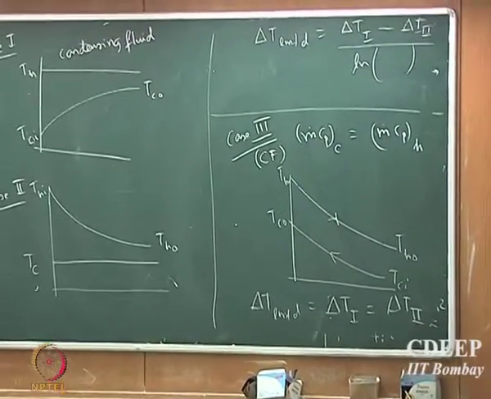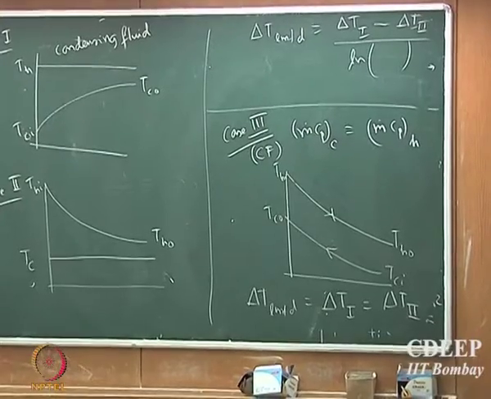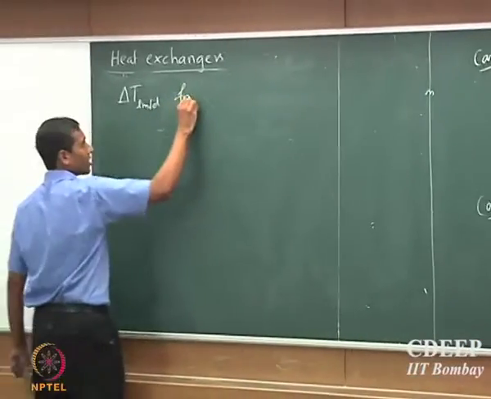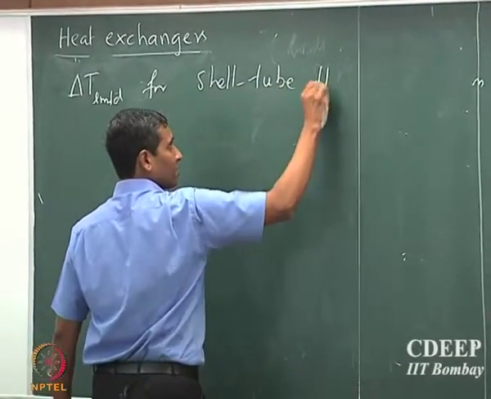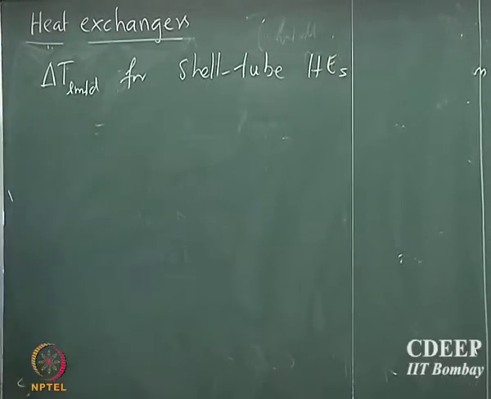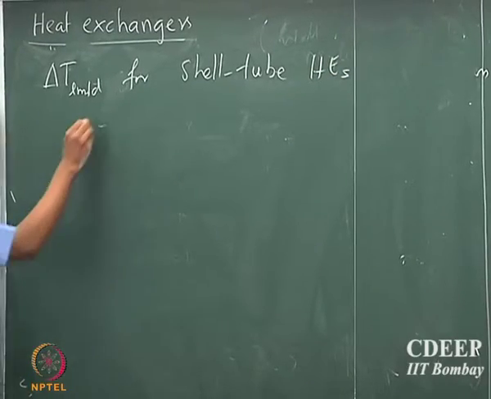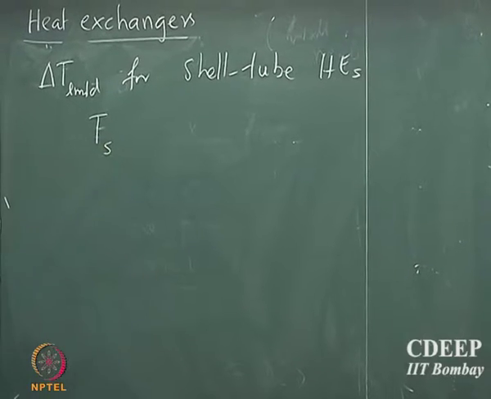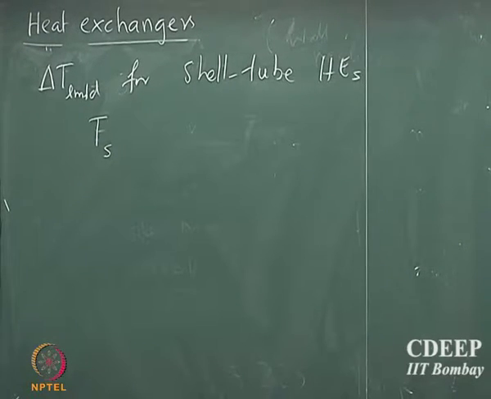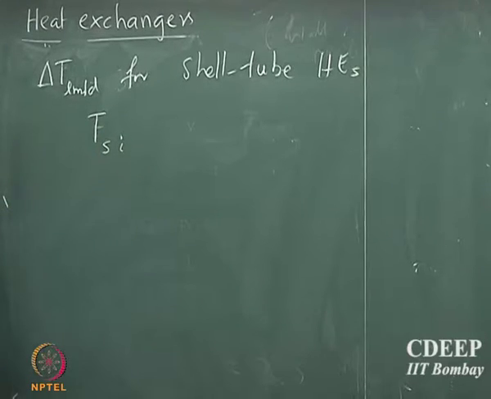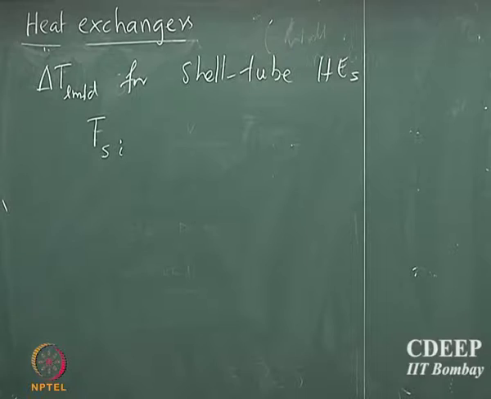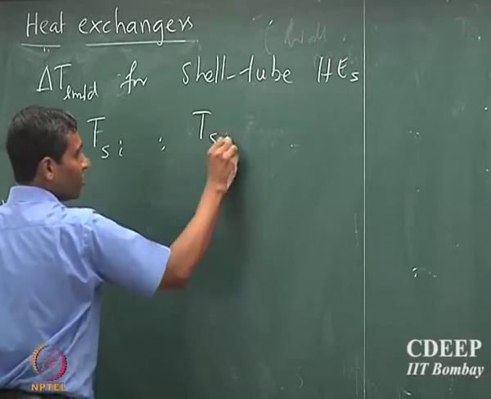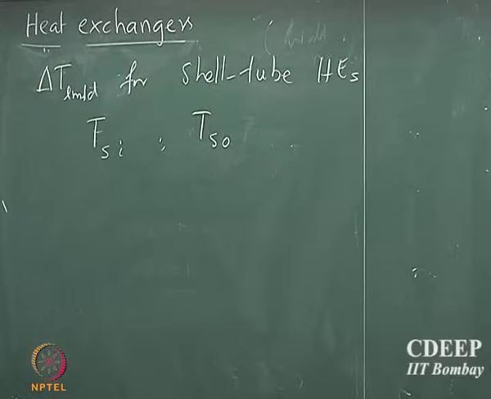Next we are going to look at the delta T LMTD for a shell and tube heat exchanger. Here the nomenclature I will use is: S stands for temperature on the shell side, TSI stands for the shell side temperature at the inlet to the shell, and TSO stands for the shell side temperature of the stream going out of the shell side.